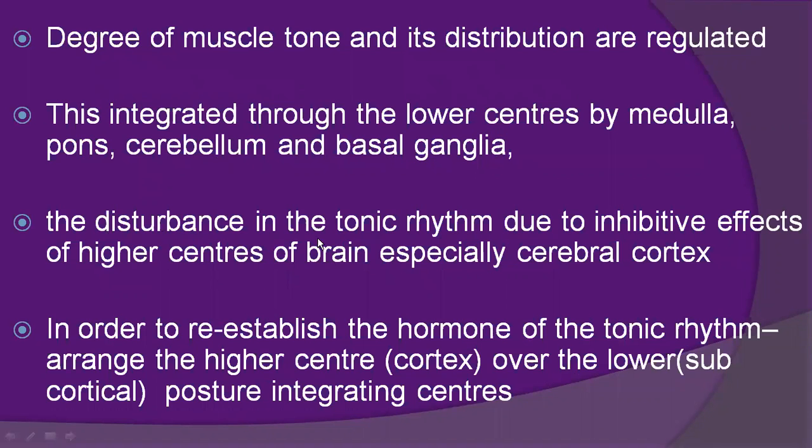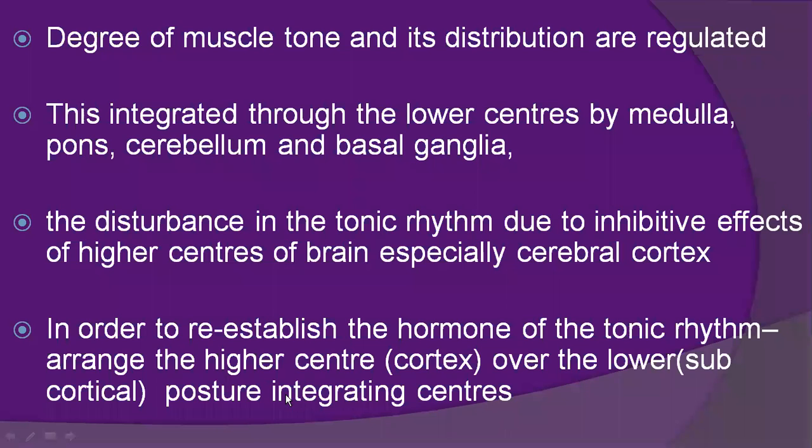So the disturbance in the tonic rhythm is due to inhibitive effects of higher centers of the brain, especially the cerebral cortex. In order to re-establish the harmony of the tonic rhythm, arrange the higher center cortex over the lower subcortical posture integrating centers.